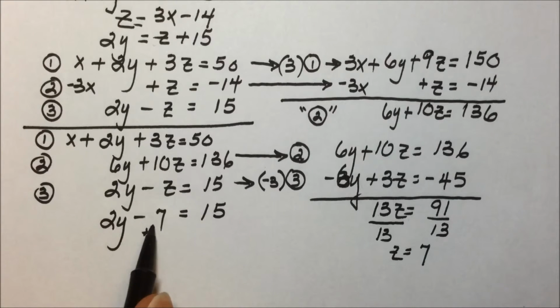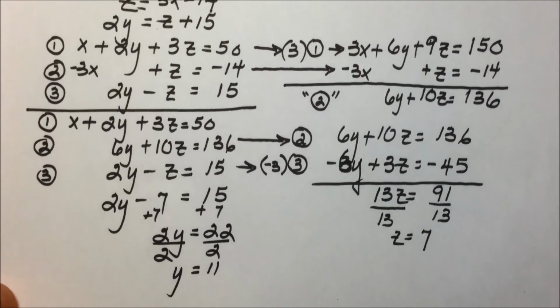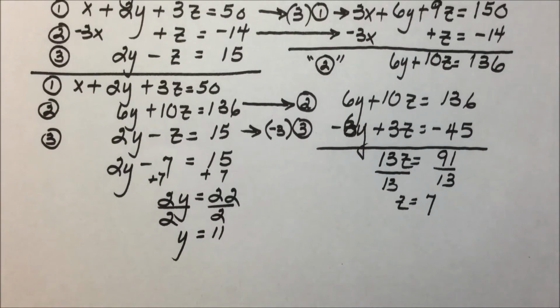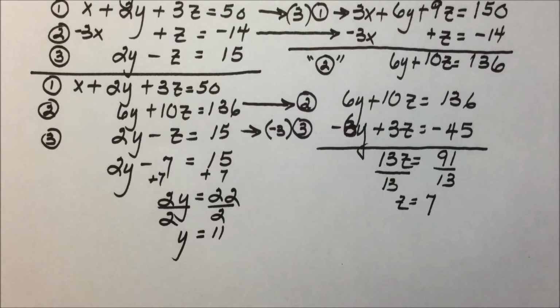Adding 7 to both sides will leave us with a 2y is equal to a 22. Divide both sides by 2. We'll end up with a y is equal to 11. That's the number of 2-point field goals. And then we can go further and plug in z and y into an equation that has an x. Probably the first equation will do the trick for us.